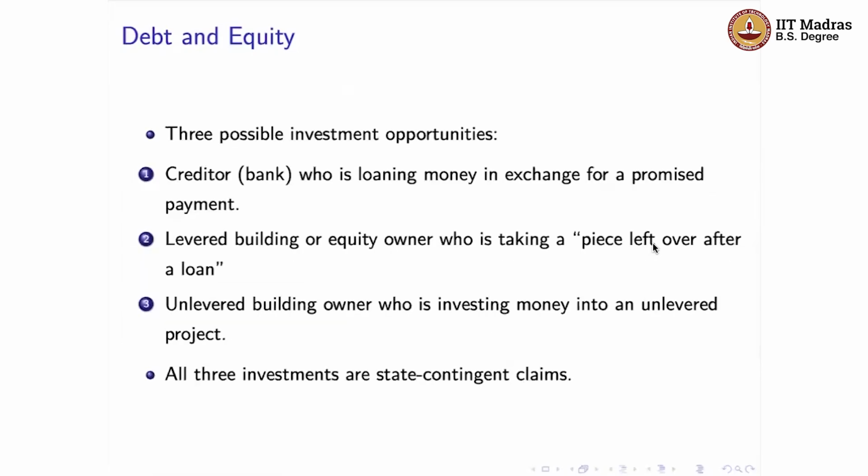In the second case, you have this levered building, or the equity owner, who is basically taking out this loan and is obliged to pay back whatever is possible of this loan, and only gets to keep the leftover after whatever obligations have been met or not, right?